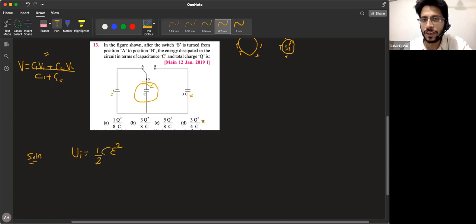But see, in the options, there is no E. How will you eliminate E? It's always Q. Can you eliminate E in terms of Q?